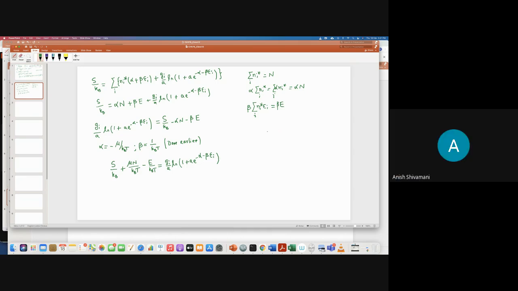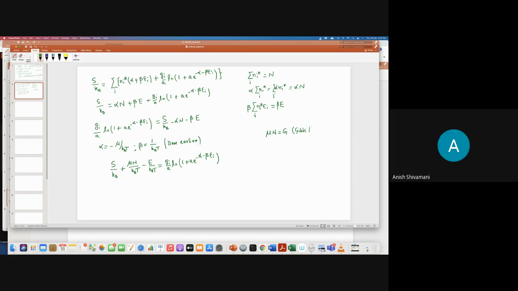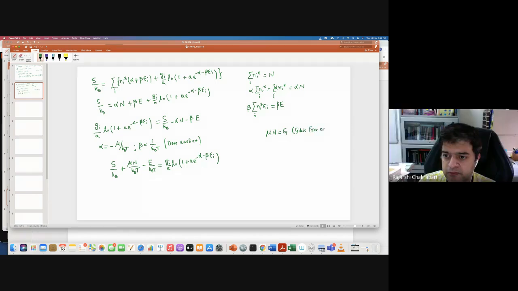This is fine. What is this mu into n? If you have one single component, you know this gives the free energy, isn't it? So can I further simplify this? Yes, I can. What I can do is as follows.